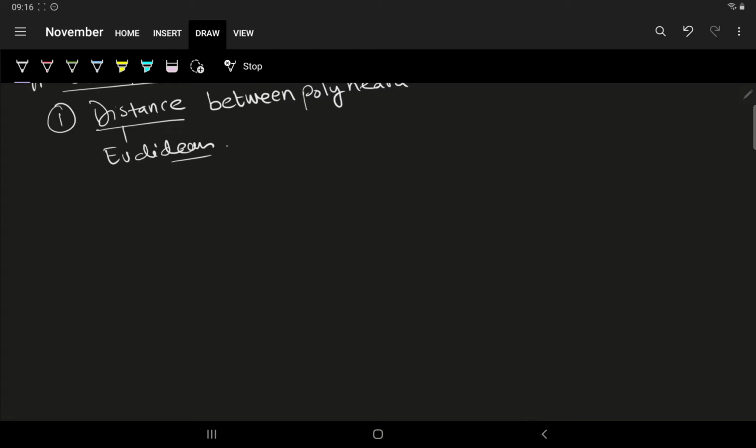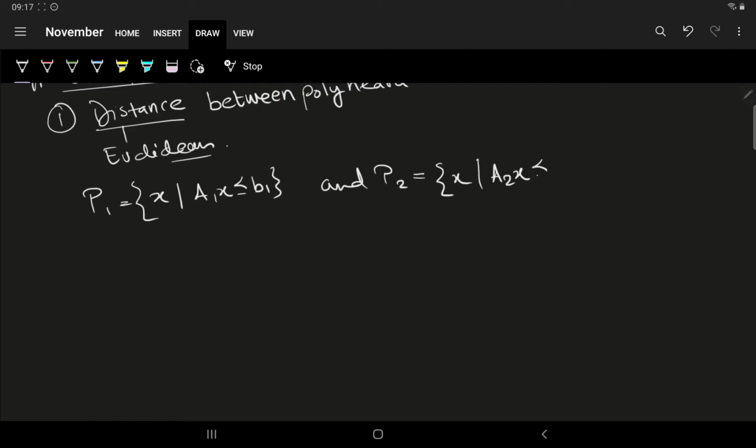So the polyhedra are P1 and P2, and both of them are defined in Rn.